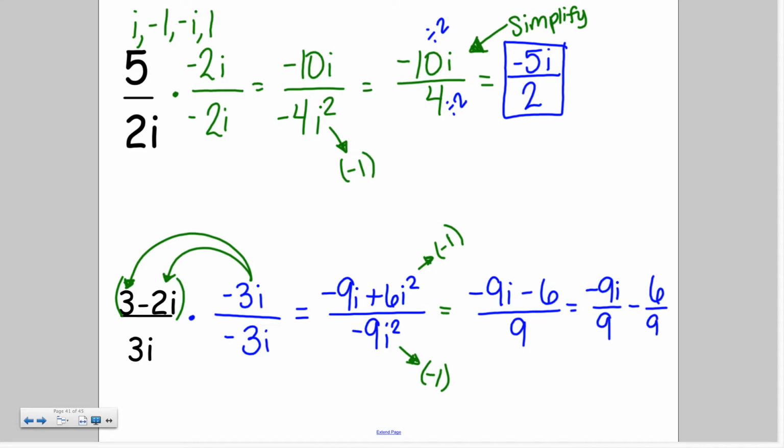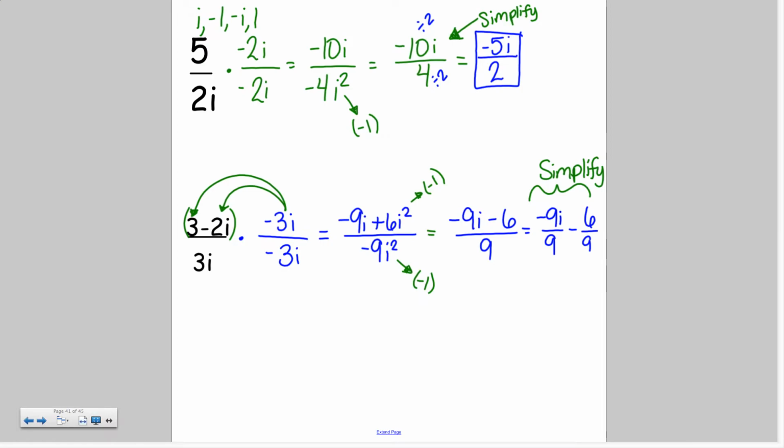And then I'm going to simplify. Now remember, my real number still needs to come first, which is going to be this because it does not have an i attached to it. So I'm going to have 6 over 9 come first.